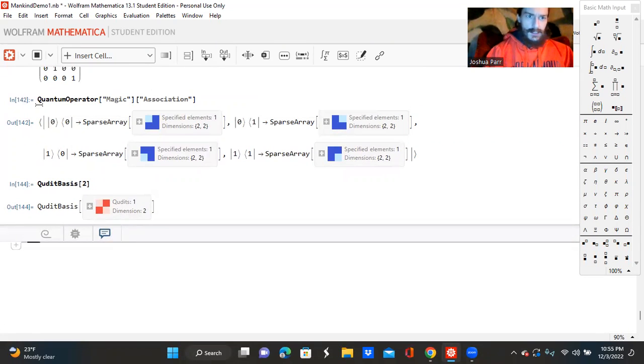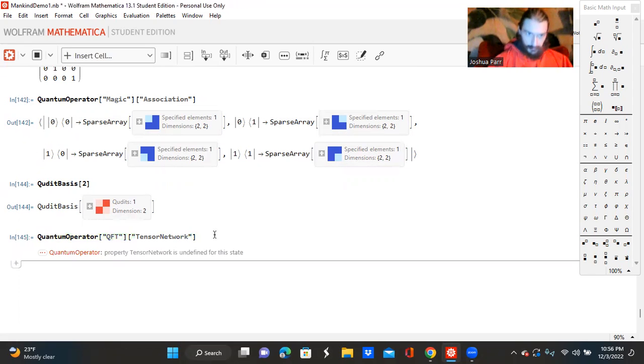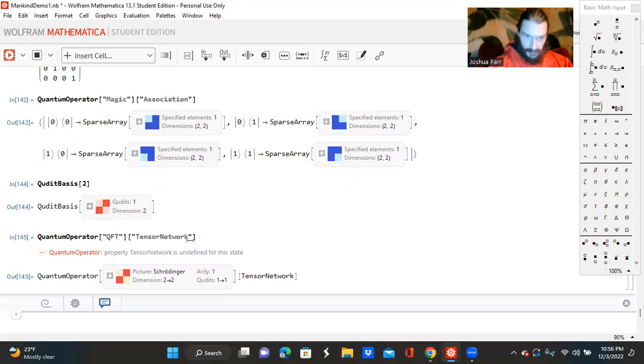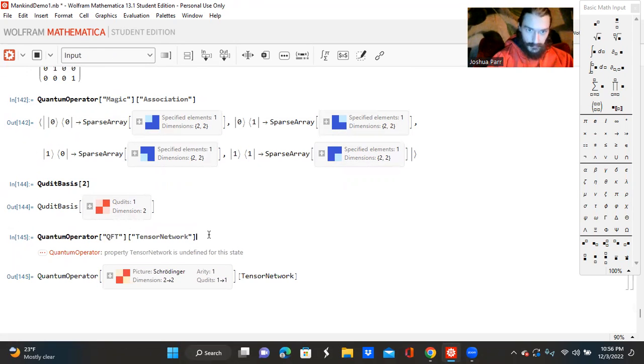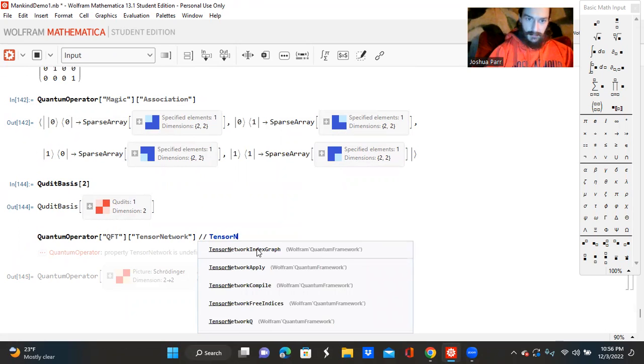Okay, so say I want the QFT operator. Sensor network. Does not want to do this. Give me the index graph.